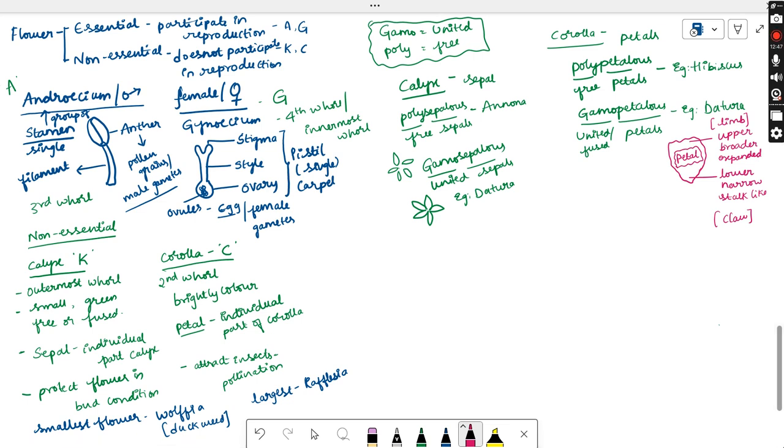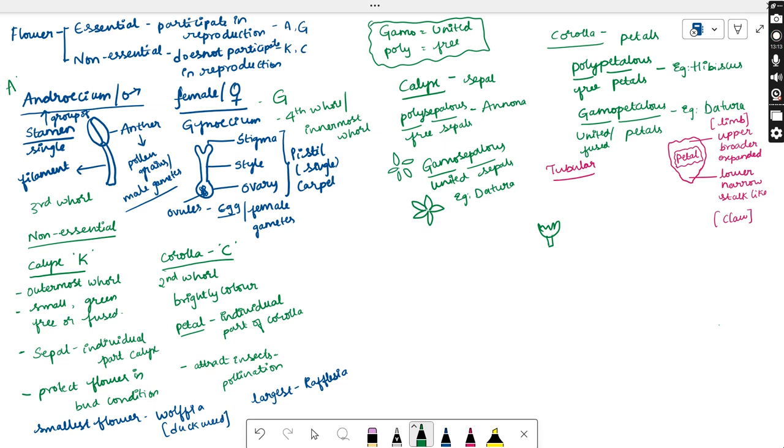Now we can find the different shapes of the flowers based on the size or the shape of this petal. Suppose we have the four different types of flowers. One is the tubular type. So let us see. This is a thalamus where all the floral parts are sitting.